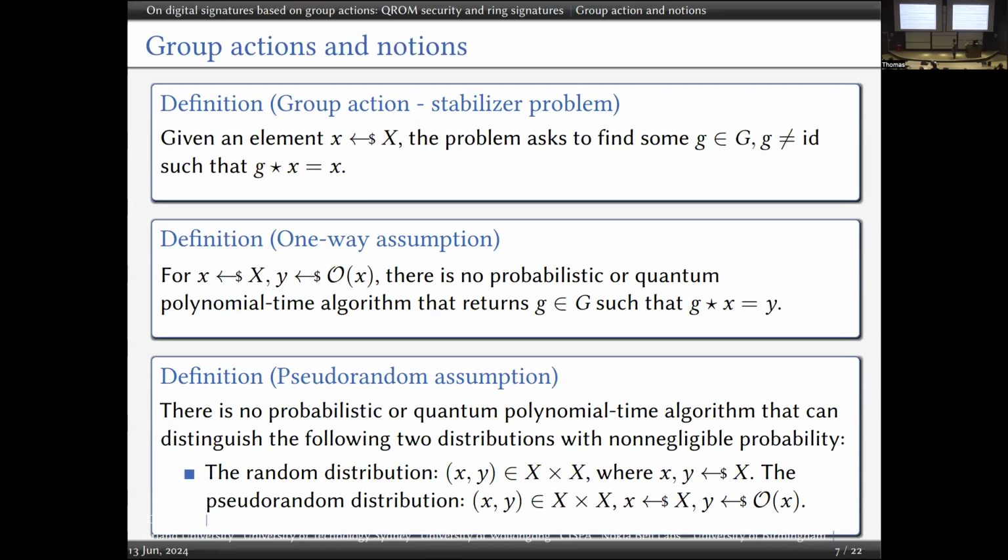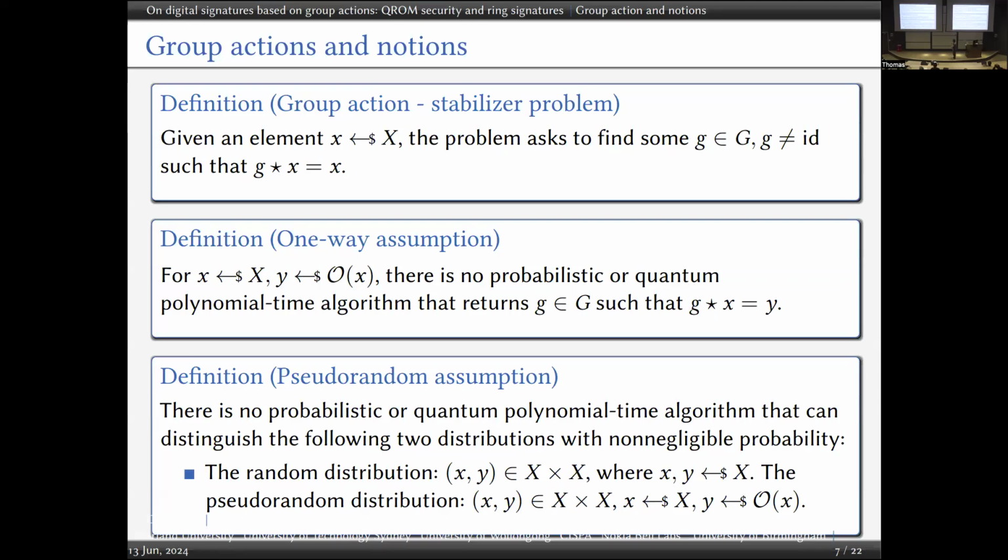And we can naturally define a stabilizer problem. It is a computational problem: given a fixed set element X, find a non-trivial group element G which sends X to itself.